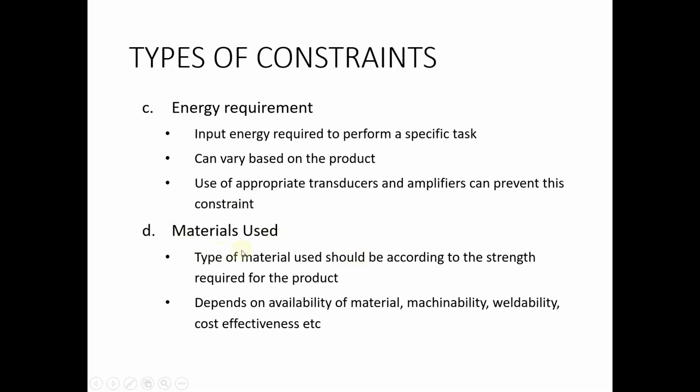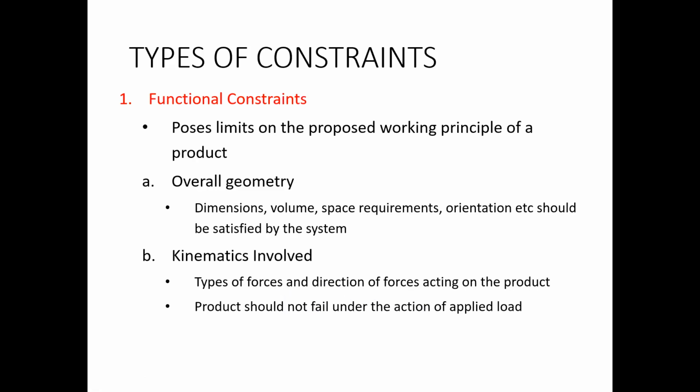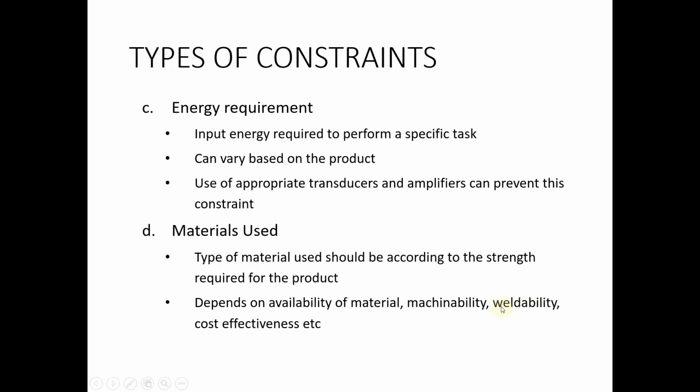And again, the materials used depend on the availability of the material, whether it is easily available, whether it is available cheaply, or whether it is very rare and difficult to obtain. Whether it can be easily machined, that is machinability, whether other manufacturing processes can be done on that material easily. All these factors are checked for the materials used consideration.